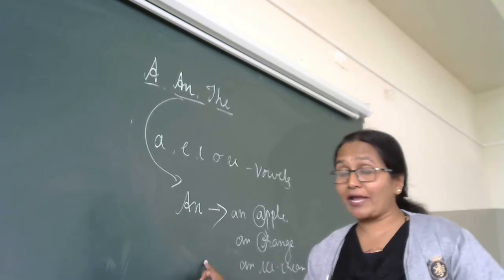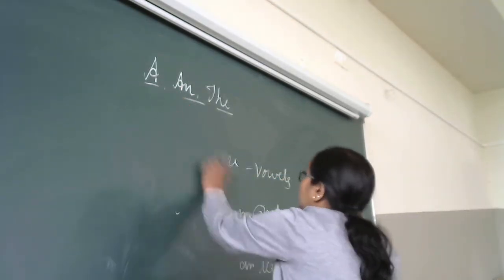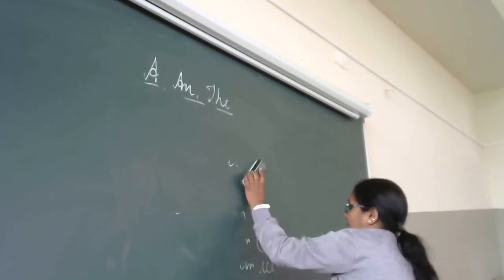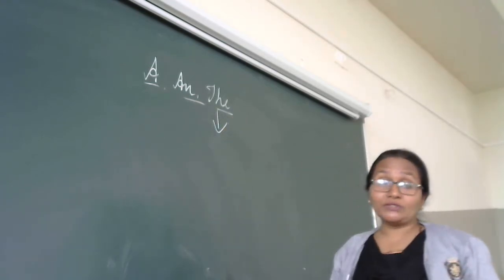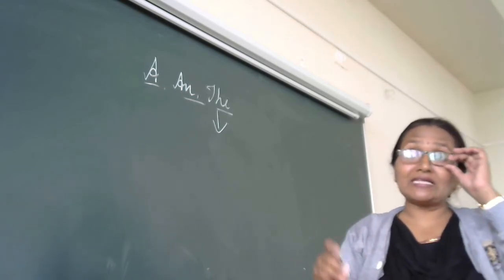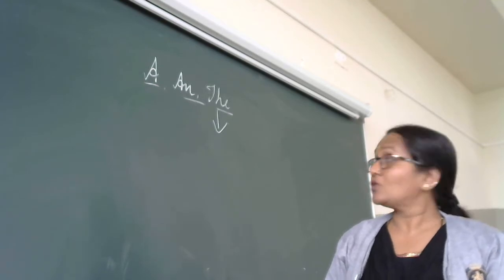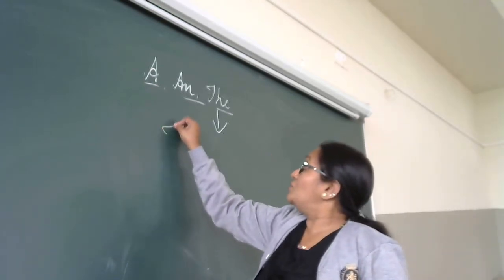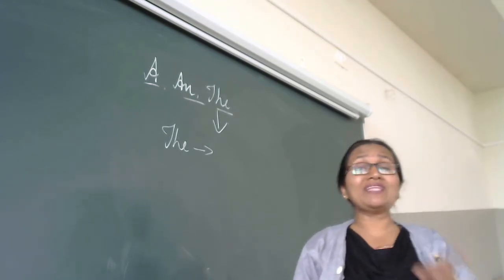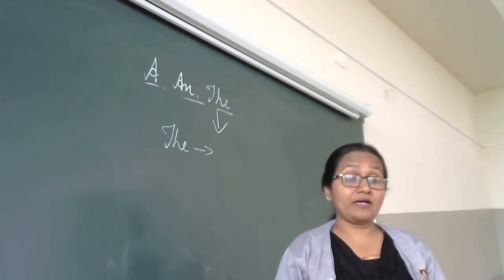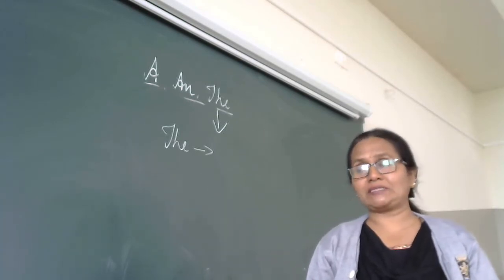So far we know a and an. Now, when we use the: we use the when there is only one of its kind, one thing of its kind, and we use the before the names of famous buildings.